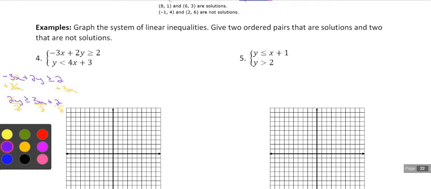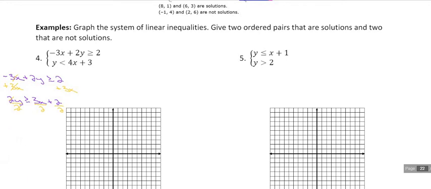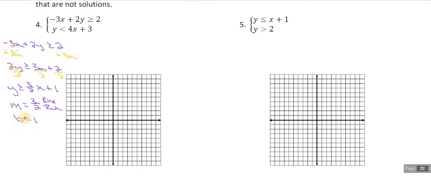So that leaves us with y is greater than or equal to 3/2 x plus 1. The slope is 3/2. The y-intercept is 1. And based on the fact that this is greater than or equal to, it is a solid line shaded above.